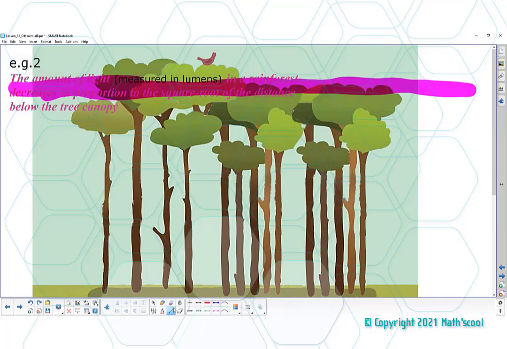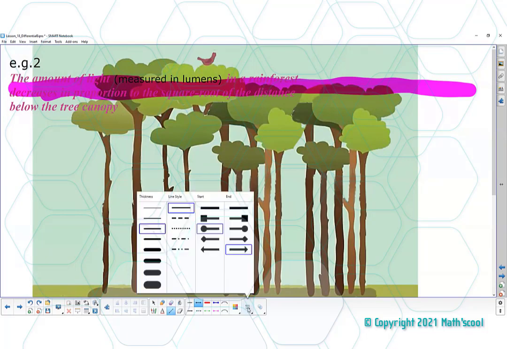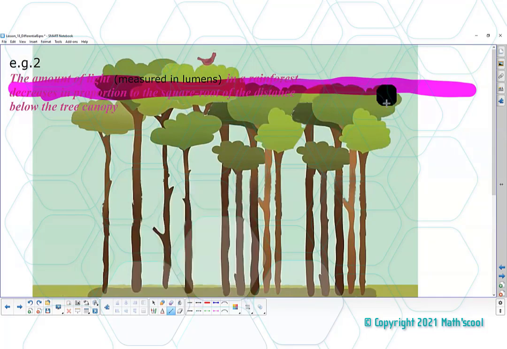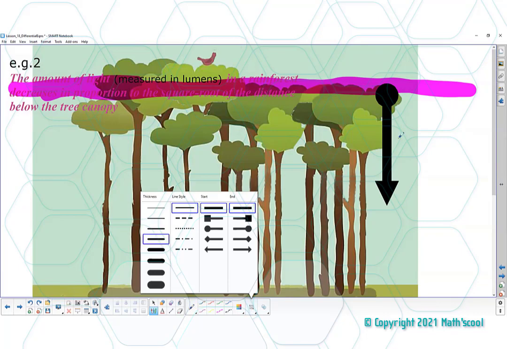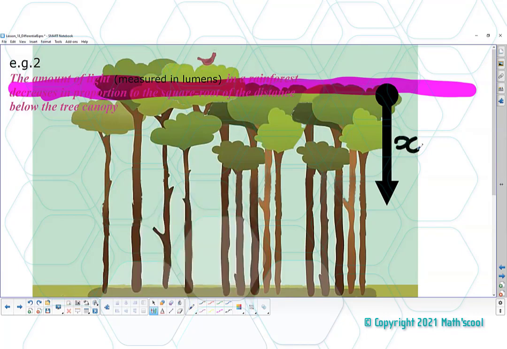What they're saying is, if you measure a distance below there, and we'll call that distance x, x meters below there, then the amount of light measured in lumens decreases in proportion to the square root of the distance below the tree canopy.